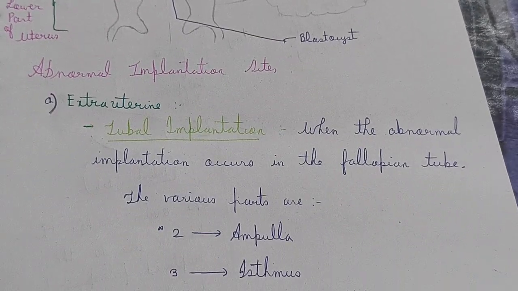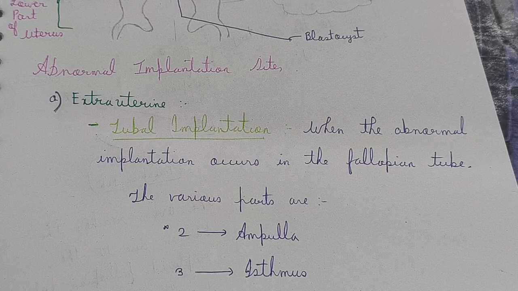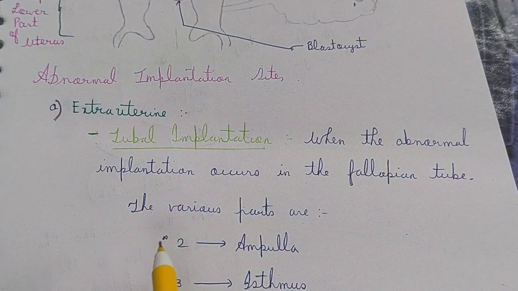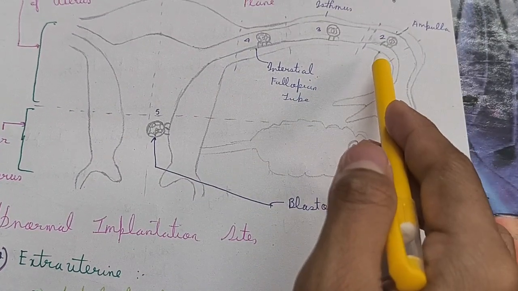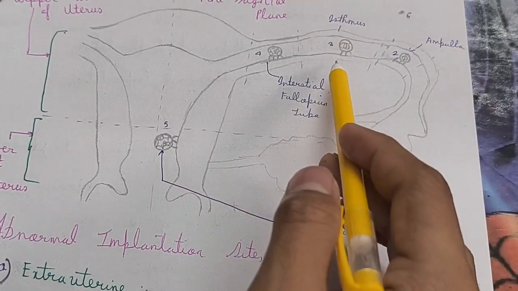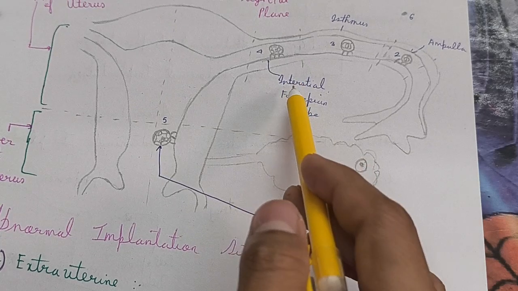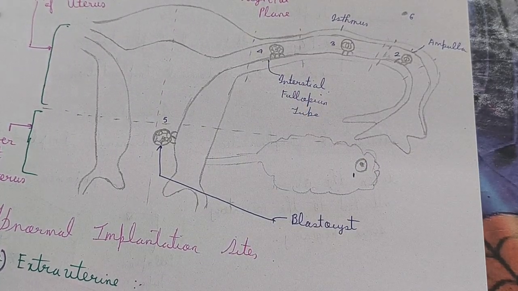When the abnormal implantation occurs in the fallopian tube, the various parts are number 2, the ampulla, number 3, the isthmus, and number 4, the interstitium or the interstitial fallopian tube. That's all about the tubal implantation.